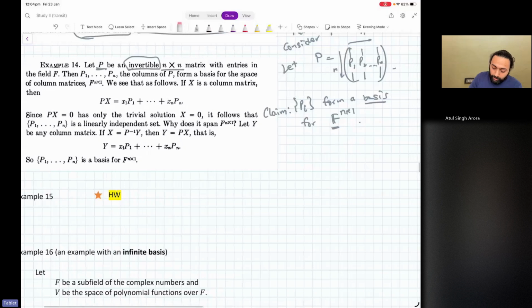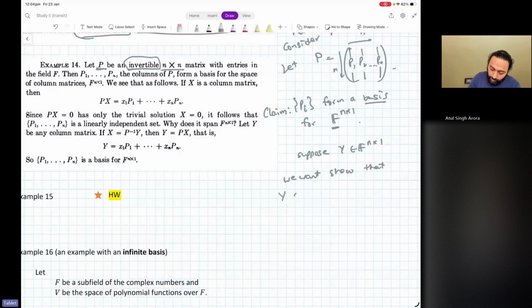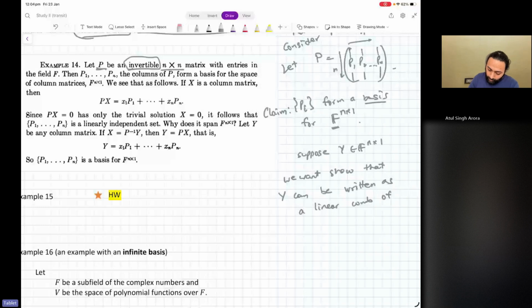So how do we prove this? What we want to argue is that, suppose y is some arbitrary element in F^(n cross 1). We want to show that y can be written as a linear combination of the Pi's, because that is what it means to be a basis.